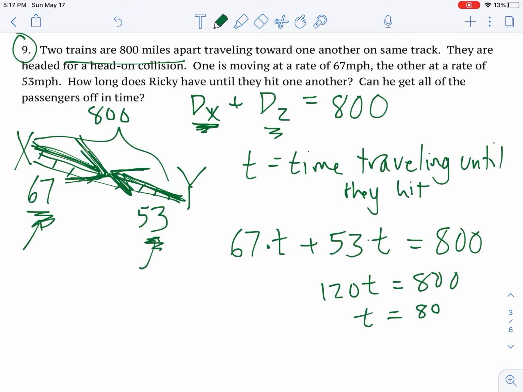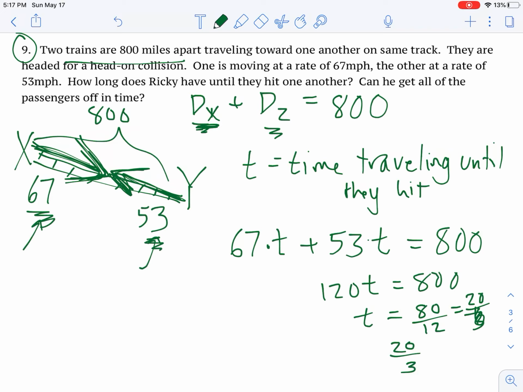So I add these up, and I get 120t equals 800. I divide both sides by 120, and I get 800 over 120, or 80 over 12. I'm going to divide both by 4 at first, and I'll get 20 over 6. Now I'm going to divide both by 2. No, 20 over 3.